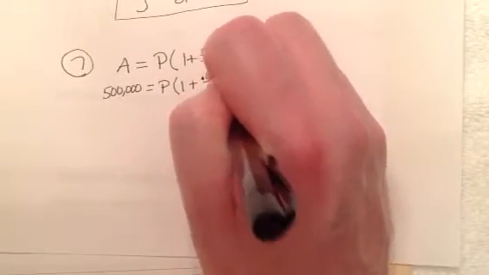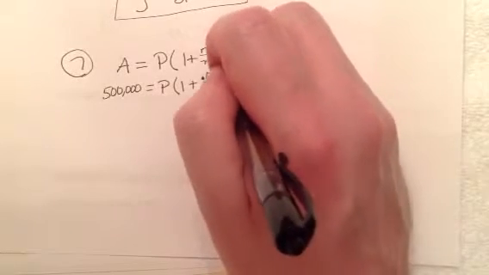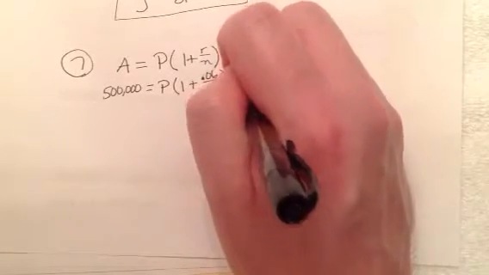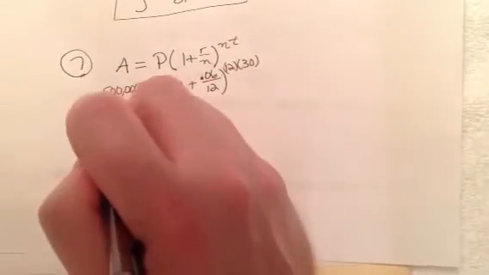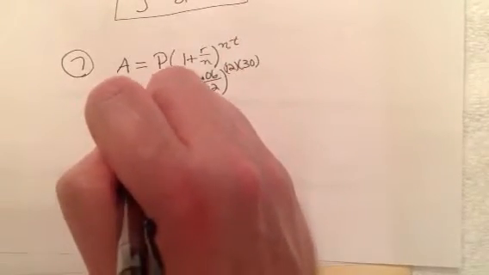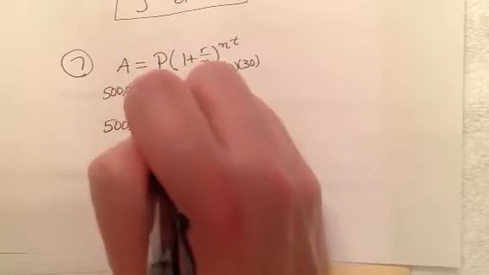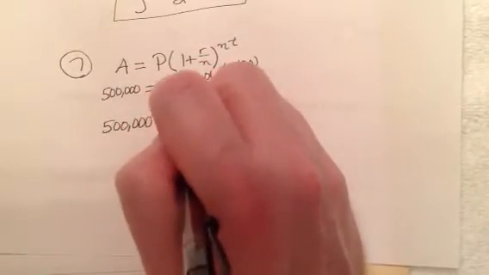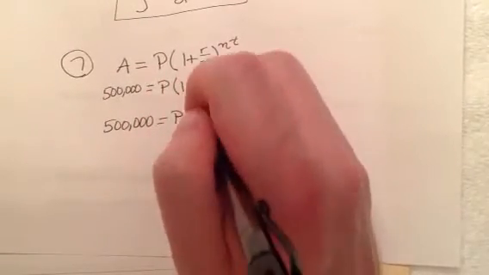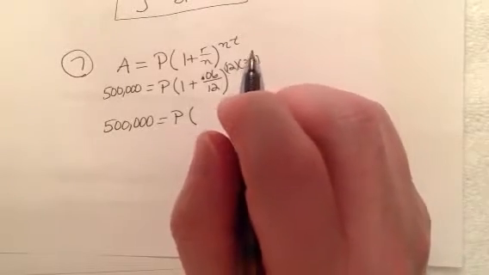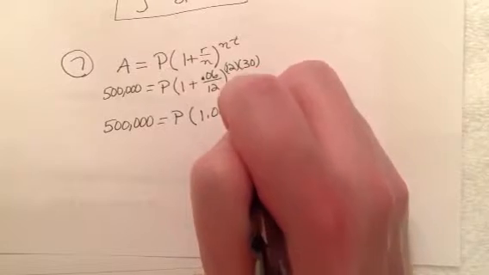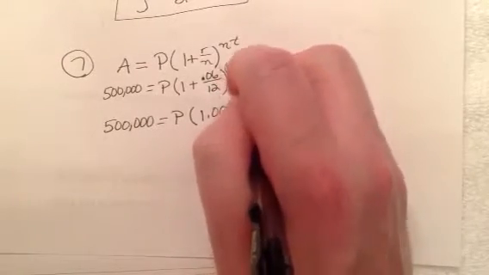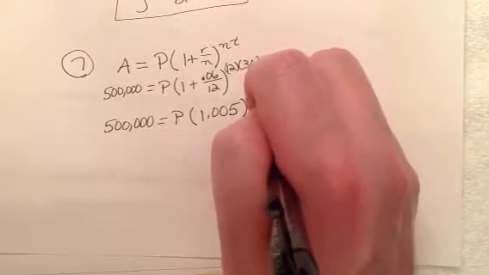Monthly compounding means N is 12, and then we have 12 times 30. So 500,000 equals P times the sum of 1 and the quotient of 0.06 over 12, which is 1.005, to the power of 12 times 30, which is 360.